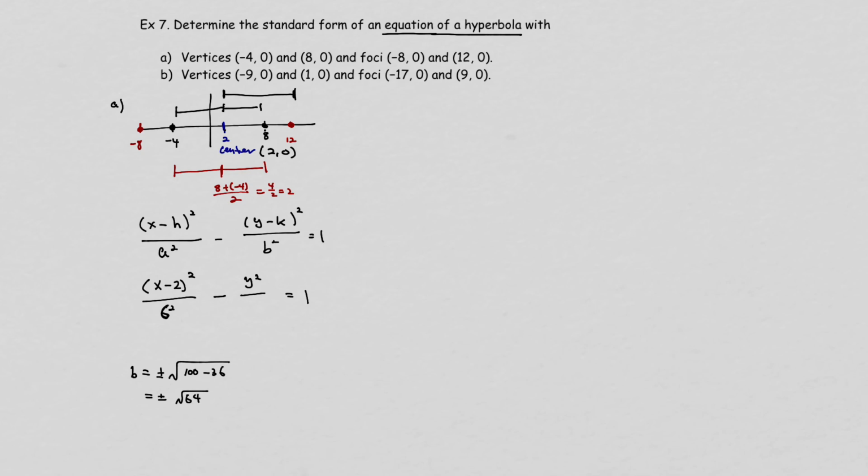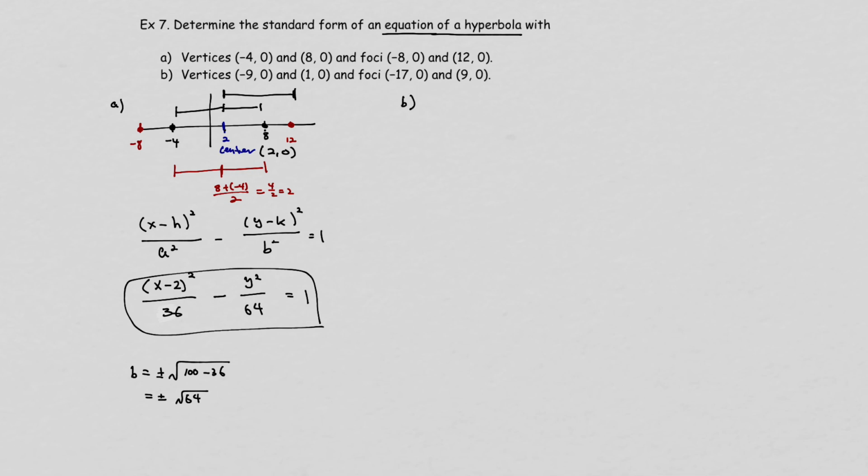So here, this value is going to be 64. And 6 squared, we can write as 36. And that's the equation for part A in example 7.